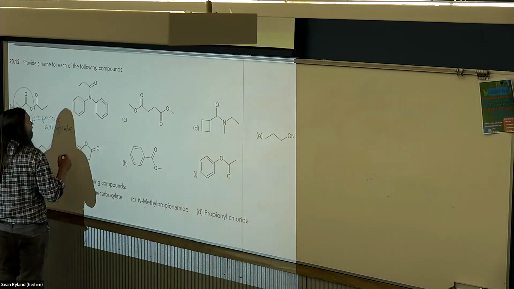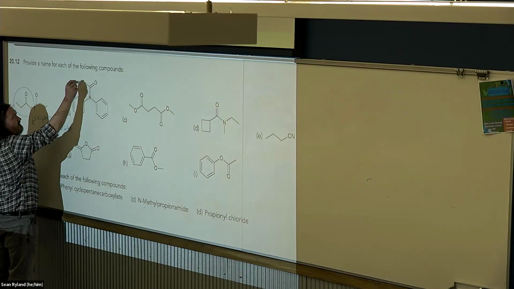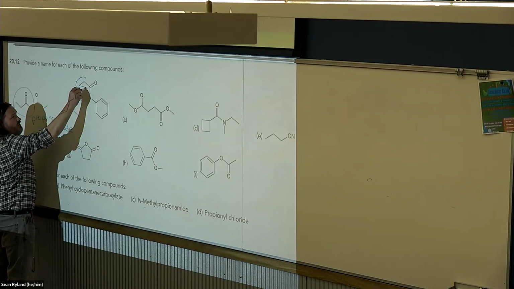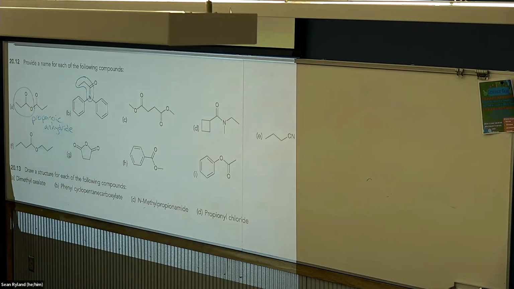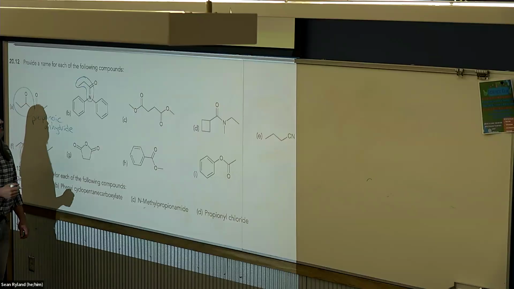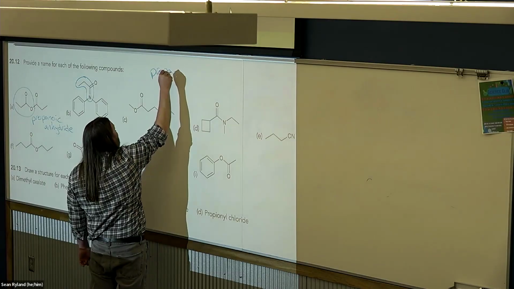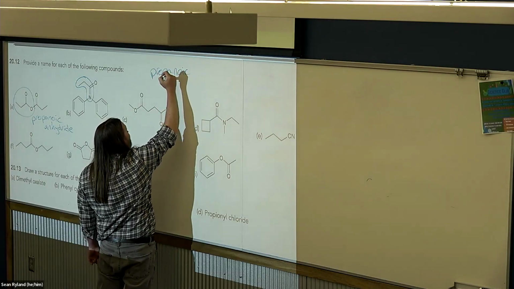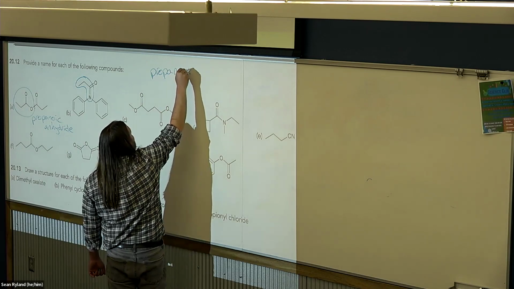So we know it's propanamide because the side with the carbonyl is our dominant side. That's the side that's going to control the parent molecule. So it is propanamide, because it'd be propanoic acid, but we delete the oic acid and just say amide.